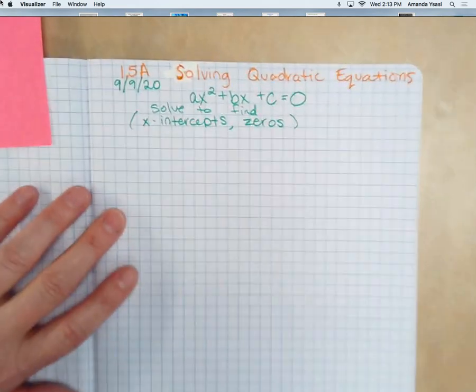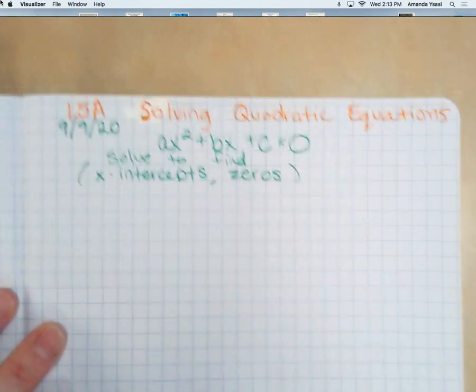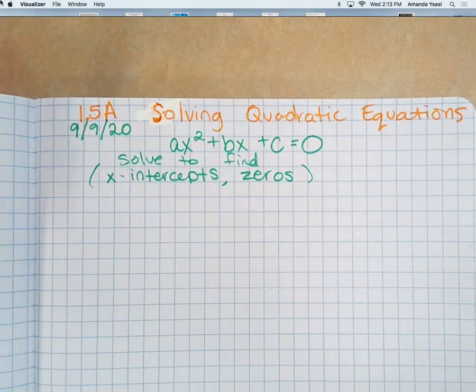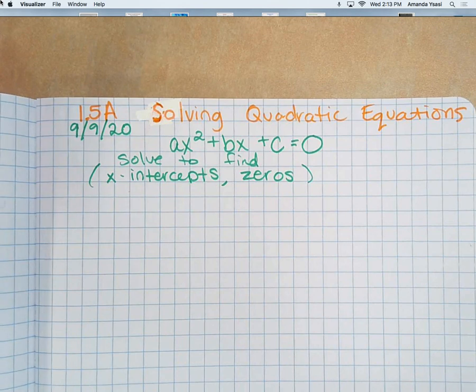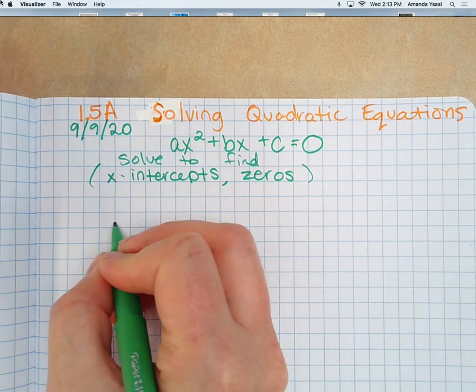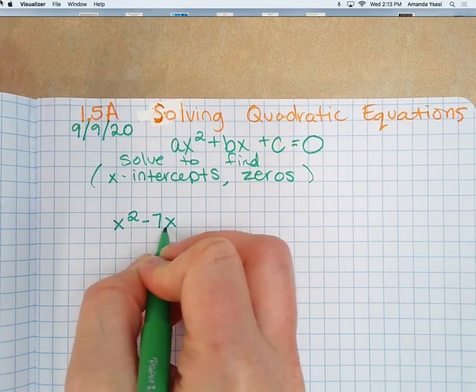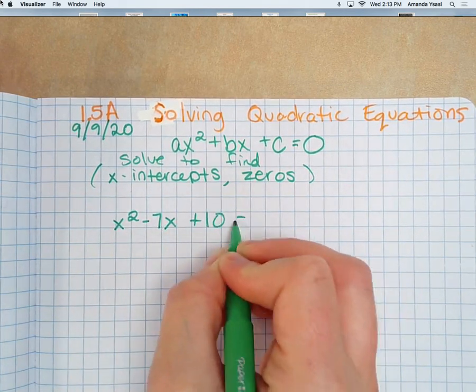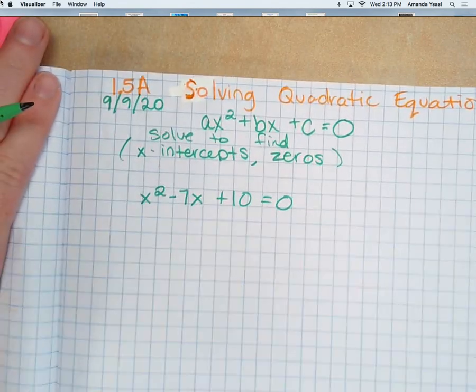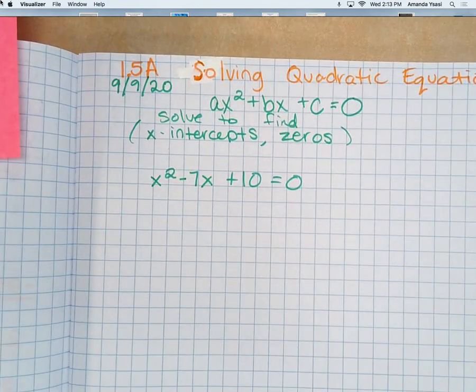Solve to find your x-intercept or 0. So let's say we have x squared minus 7x plus 10 equals 0. Then we need to be able to solve this.